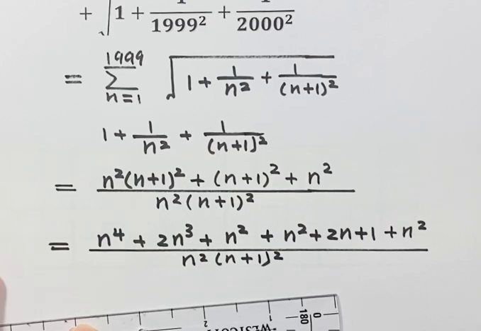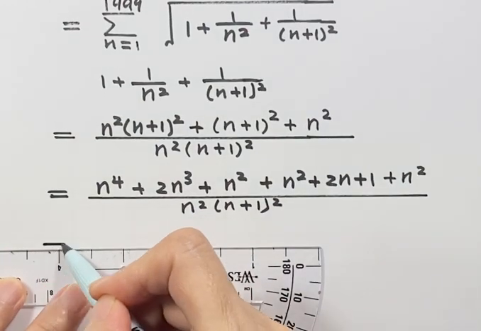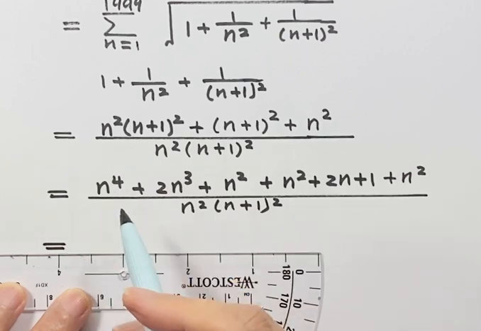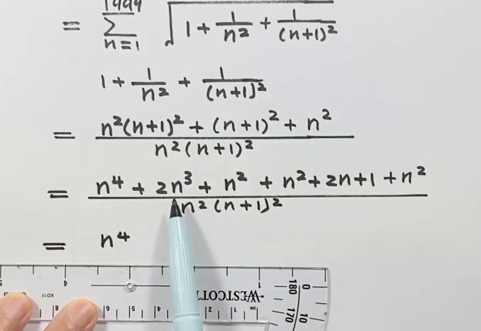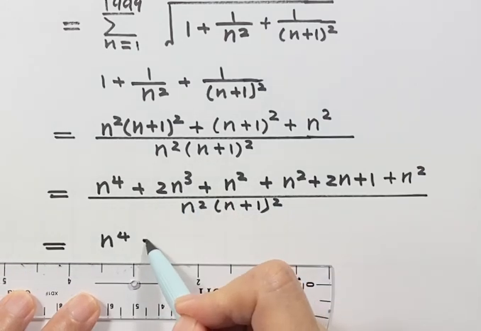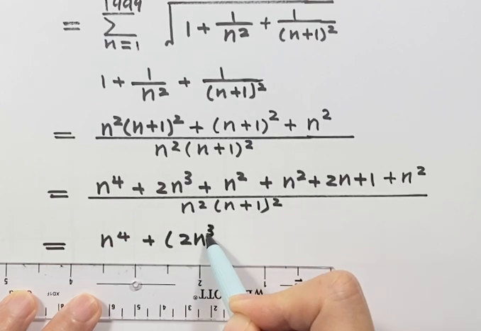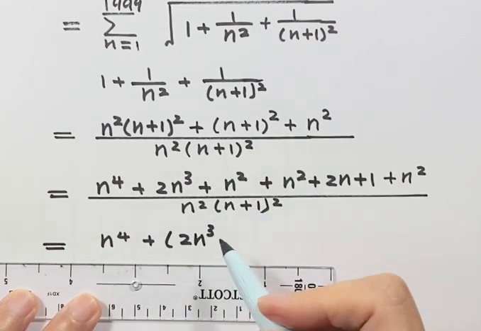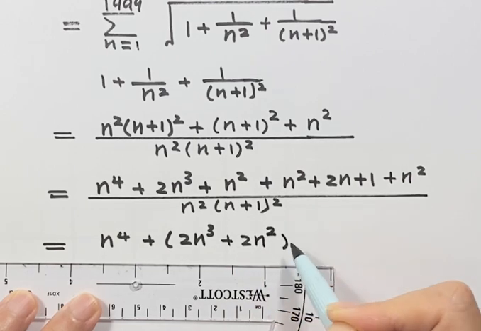Then the next step, we are going to group the numerator. So we first write n to the fourth. Then group these three terms together. So that is 2n to the third plus 2n squared.